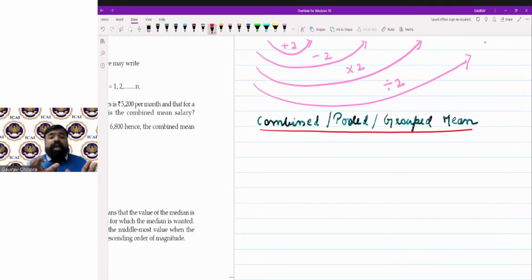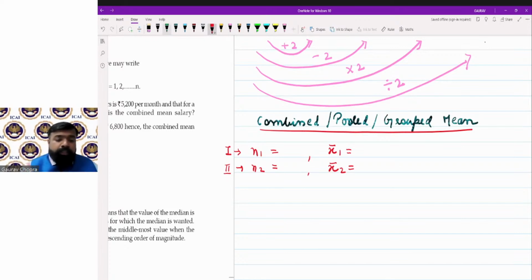Now for combining, we are having some data. So what kind of data is available? Let's see, there is first group having number of observations n1 and in second group n2 are the number of observations. X bar 1 is the arithmetic mean of first group, X bar 2 is the arithmetic mean of second group. And now we have to calculate the combined arithmetic mean of both the groups.